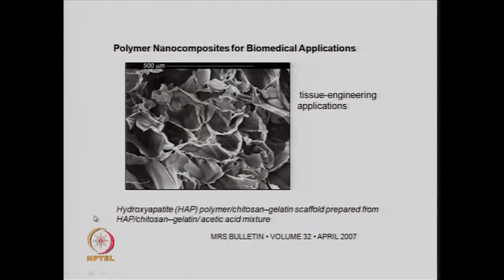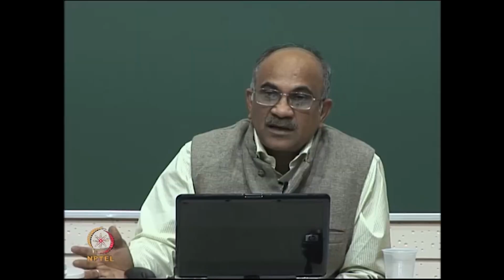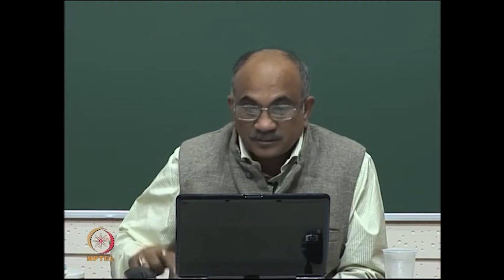So, there is a lot of work being done on polymer nanocomposites, especially for biomedical applications, and chitosan is an important biopolymer which is being used in the presence of hydroxyapatite for these applications.